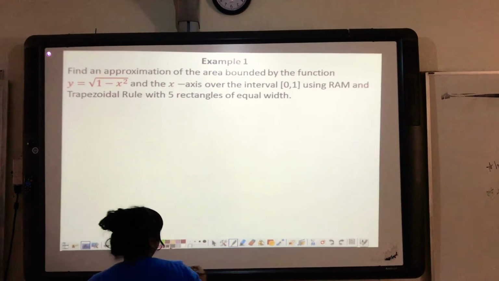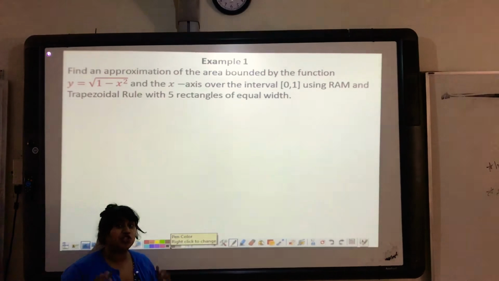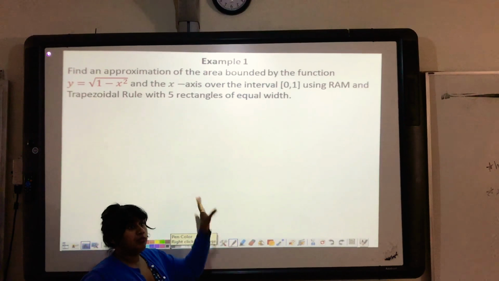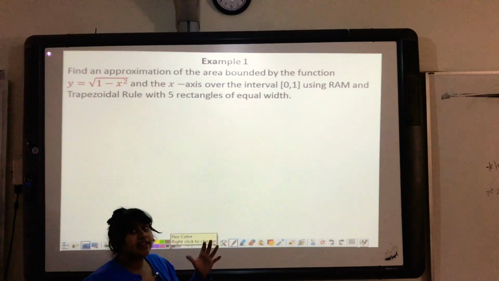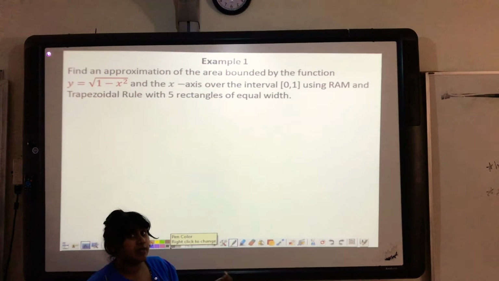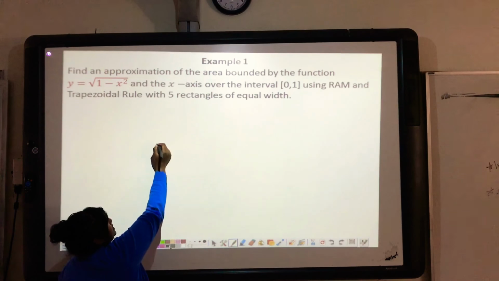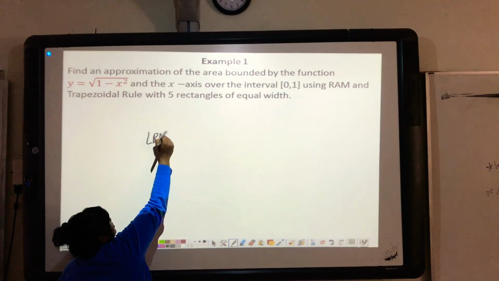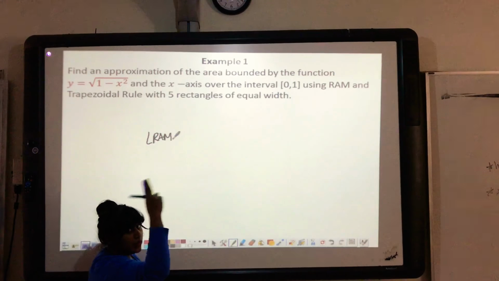Before we get started, I'd like to write down some general formulas that we're going to use. Again, they're generic. That means we can use them as we need, and sometimes we may not always use them the way that we see them. So our LRAM, this is if we have equal width.